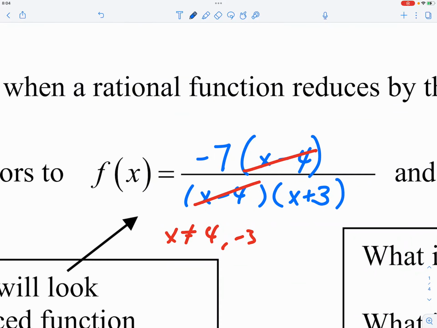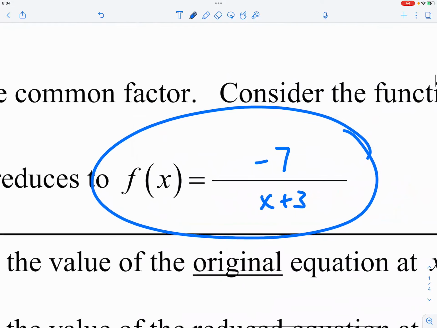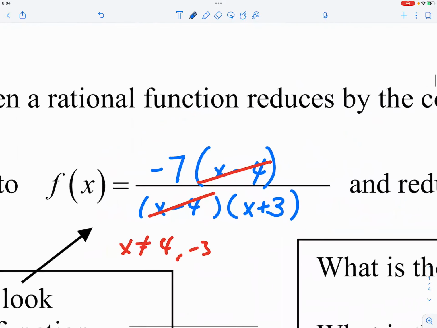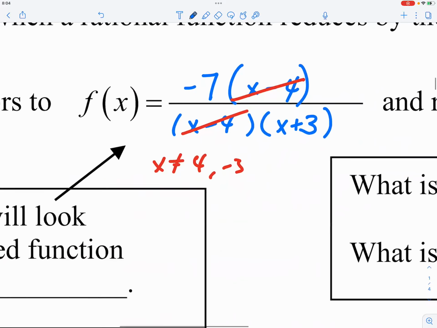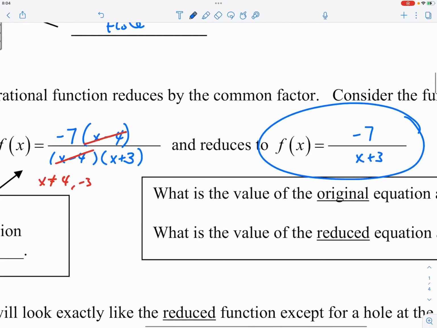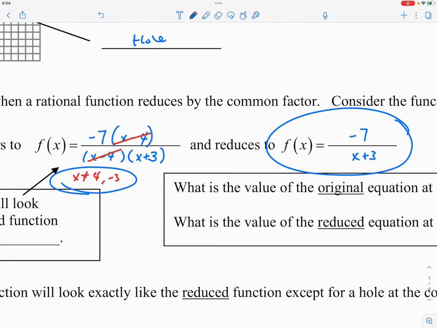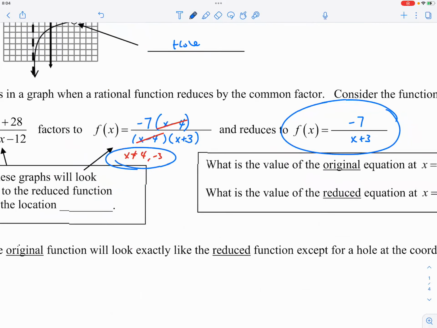We say no, right? But this came from here. So even though we simplified it and the x minus 4 is no longer there, we still hold the restriction. So x still cannot equal 4.